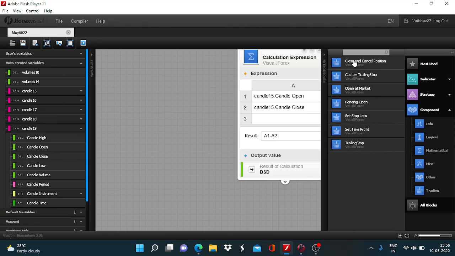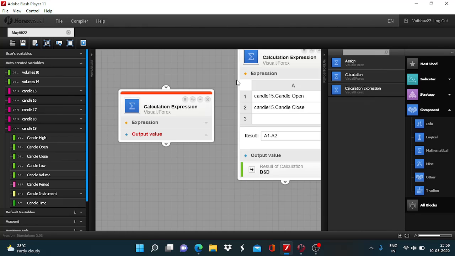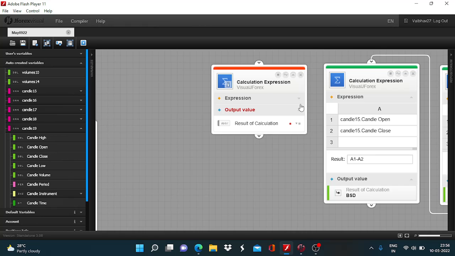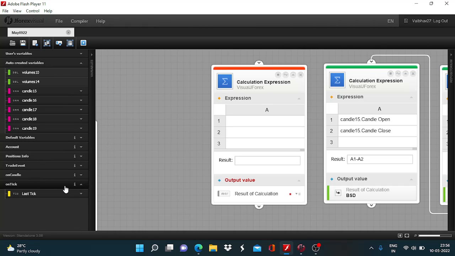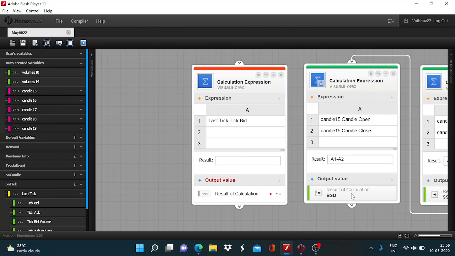So for that, I'm going to need the mathematical component, calculation expression. Last tick price plus this difference which we had calculated in the prior session.